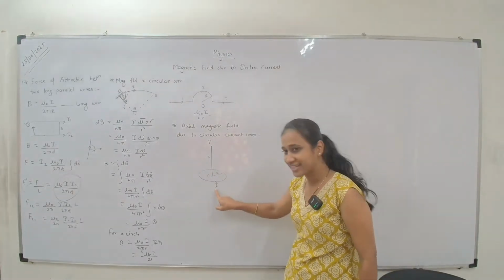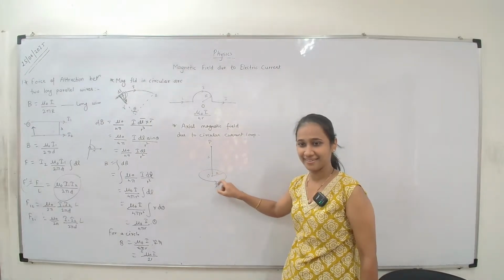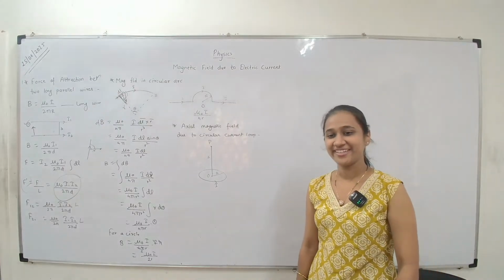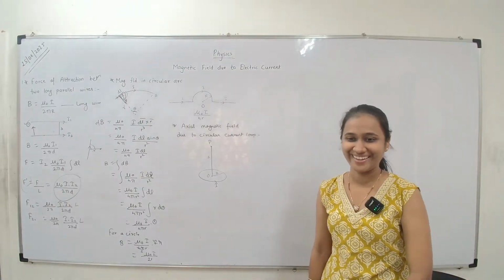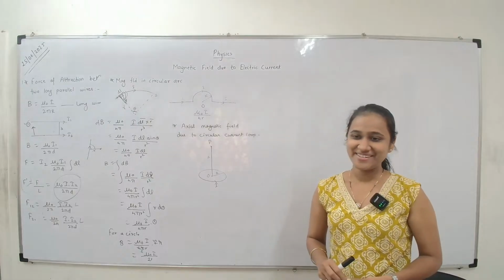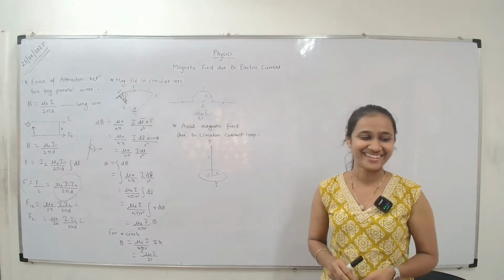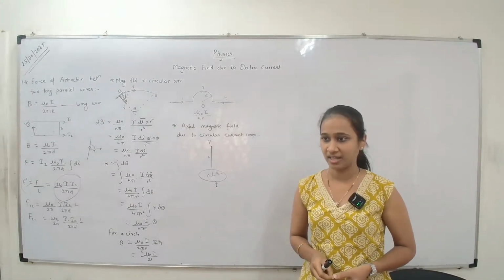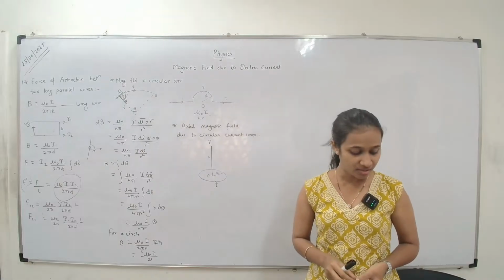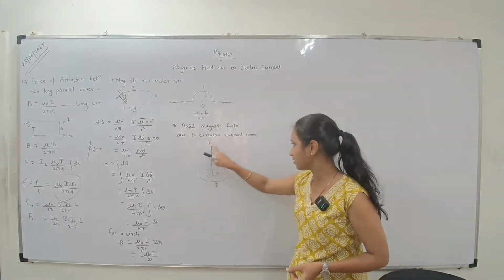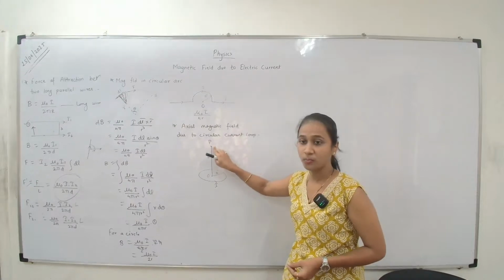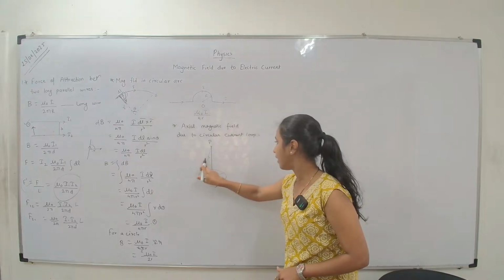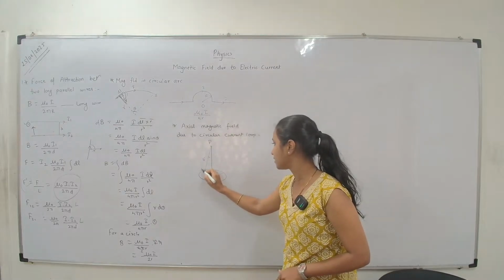Radius of the loop carrying a steady current I is R. We are interested to calculate the magnetic field at this point, which is axial point, that is on the Z axis, totally vertical, and its distance from center is Z, and distance of point P from any length element is R bar, and this length element is DL bar.